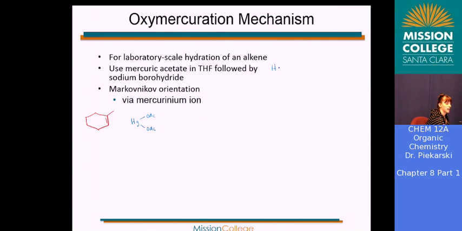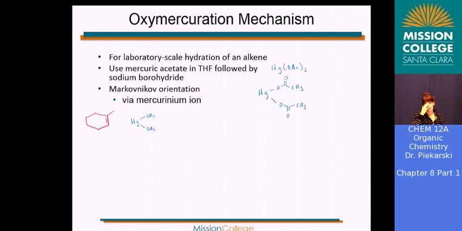You can say Hg(OAc)2, okay? Ac meaning acetate. So it looks like Hg, like this. I'm not drawing the full structure in the mechanism because it could get a little bit crowded. But that's what the reagent looks like.